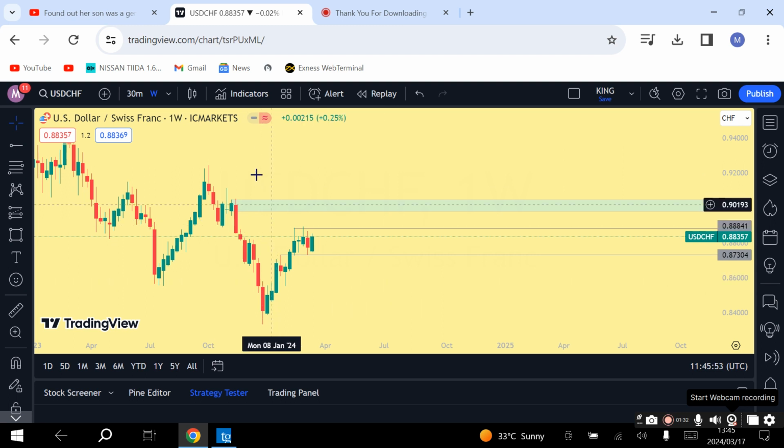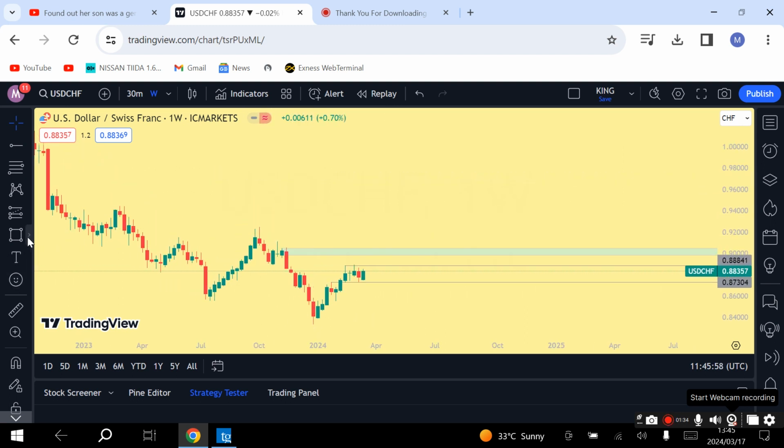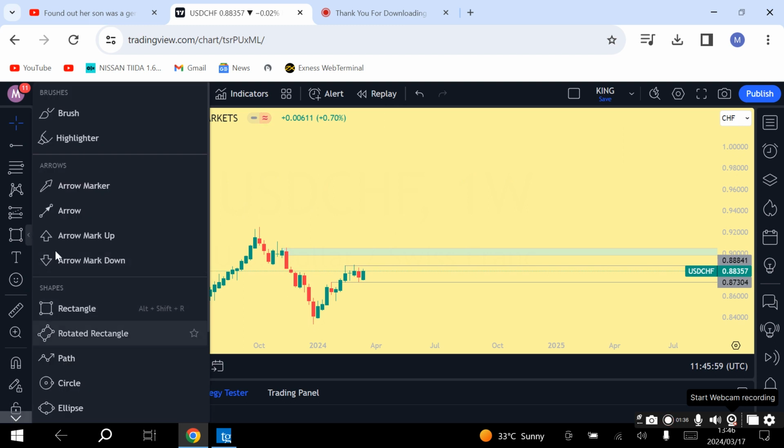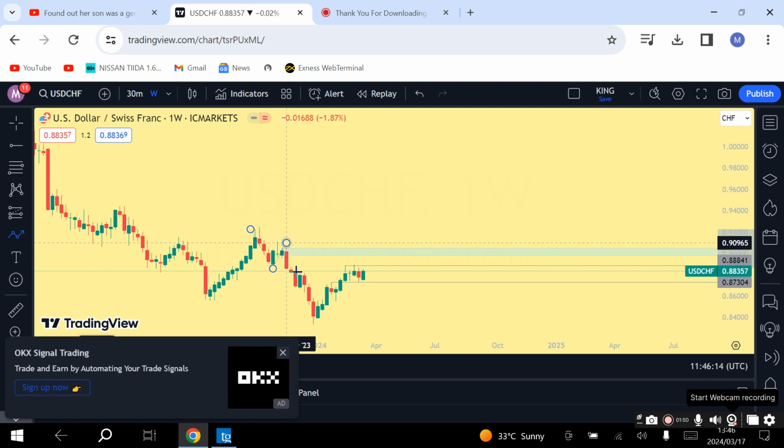So if you look at this structure here, right? Let me just take a drawing here so that you guys can understand. You can look at this structure. The structure was bearish, right? For quite some time, we were bearish, easily moving bearish, right?